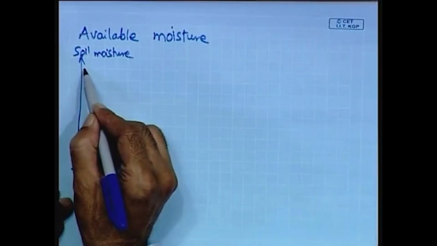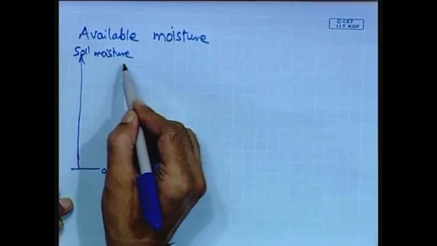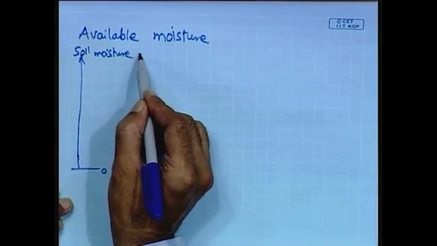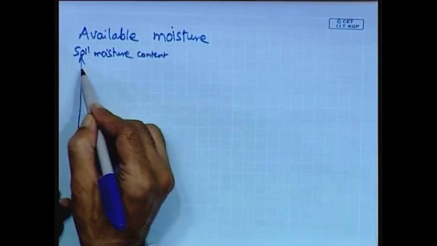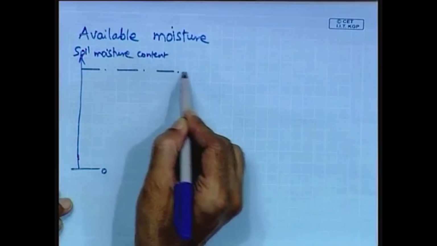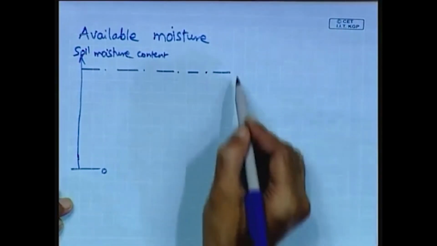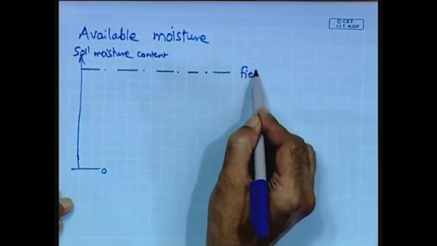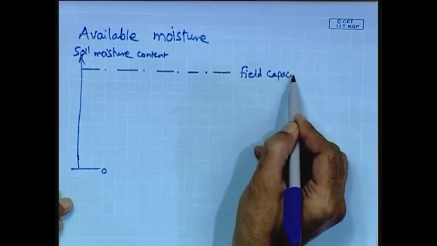So, the maximum soil moisture content which is possible is denoted as the field capacity.